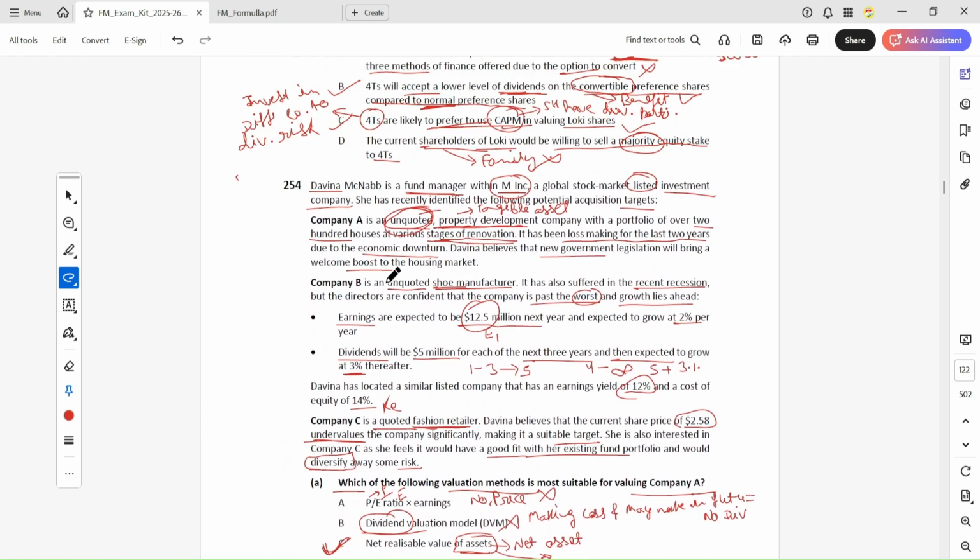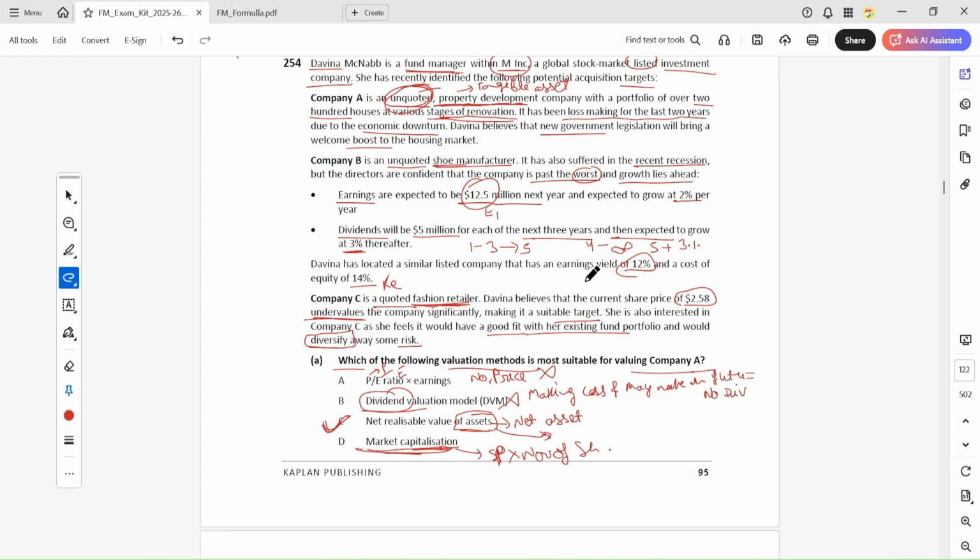These companies, property, shoemaker, and fashion, have specific risks, but an economic downturn will affect both companies, right?